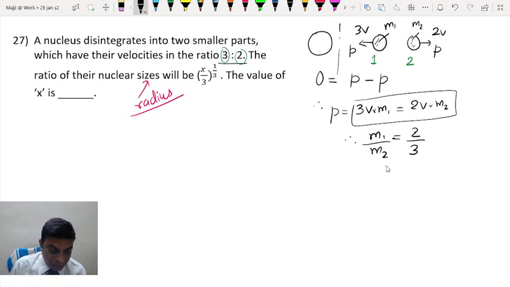Now you know that the nuclear radius is equal to, I'll use capital R, sorry.